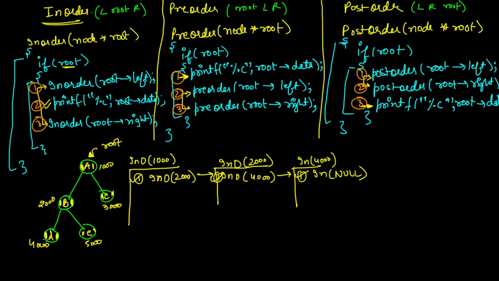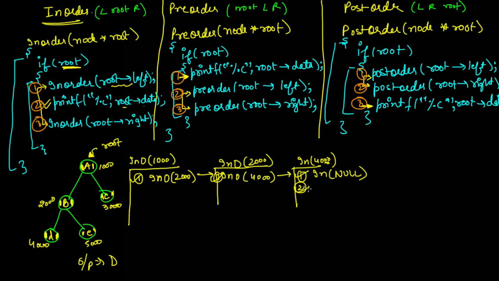If you call inorder of its left pointer, this left pointer is null, so it is going to call inorder null, but when it called inorder null, nothing will be printed. Why? Because this if statement will fail, so the control will go back to the previous statement. Then this inorder 4000 is going to execute its second statement, which is printing the data present at location 4000. Therefore it is initially going to print D. So the output will initially be D.